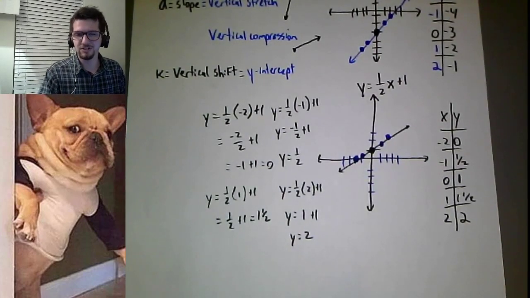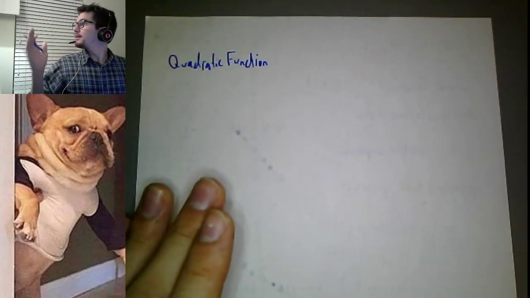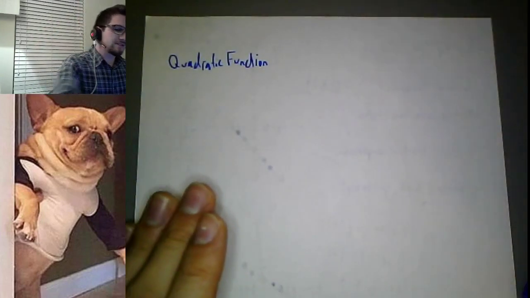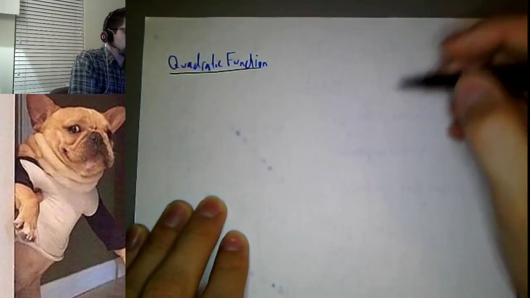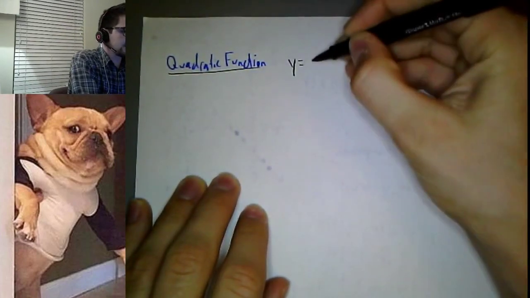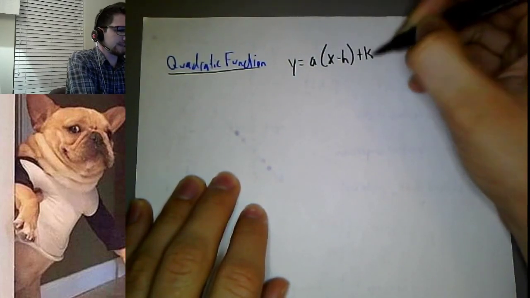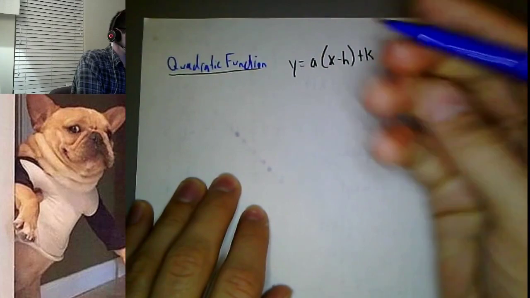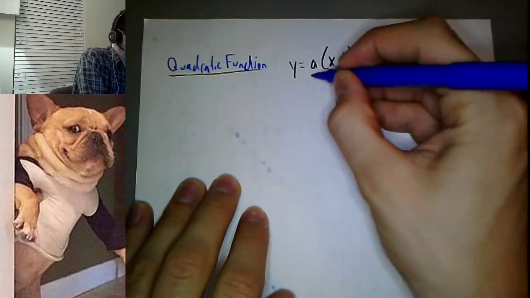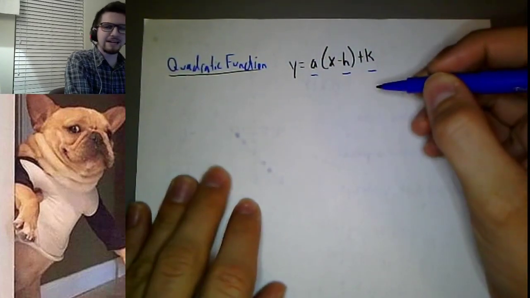Now let's talk about quadratics. Quadratic functions. Our equation was y equals a times the quantity x minus h, squared, plus k. Now, we've got a couple moving pieces here. We have a, h, and k.